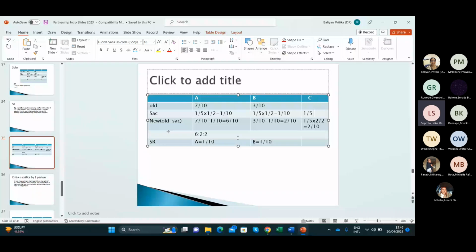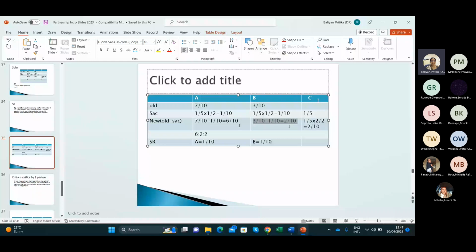Ma'am, where did we get the 2 over 2 from? Which one, the multiplication for C's 1/5? We didn't get it from anywhere. In the new ratio, the ratio for A is 6 over 10 and for partner B is 2 over 10, so the denominators are the same. To calculate partner C, we also need the same denominator. What number do we multiply 1/5 by to get 10 at the bottom? Partner A has 10 as a denominator and B also, so C should also be out of 10. If we multiply 5 by 2, we get 10. That's why we multiply by 2, to make the same denominator.